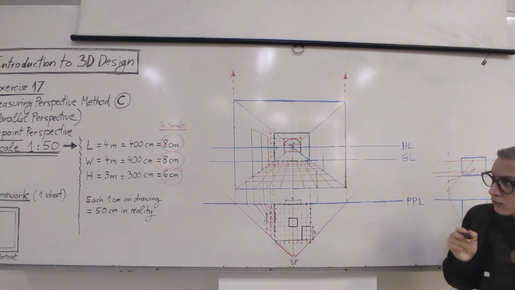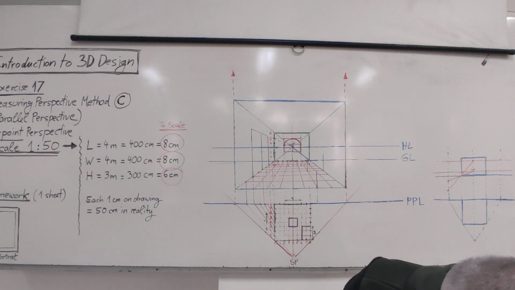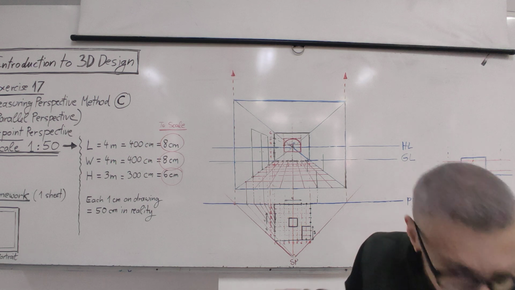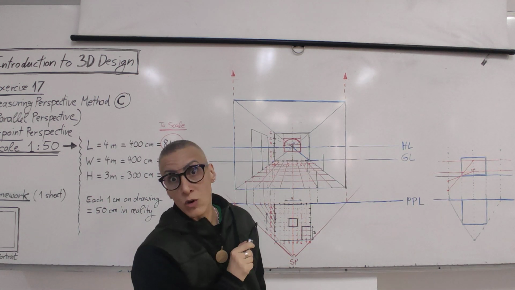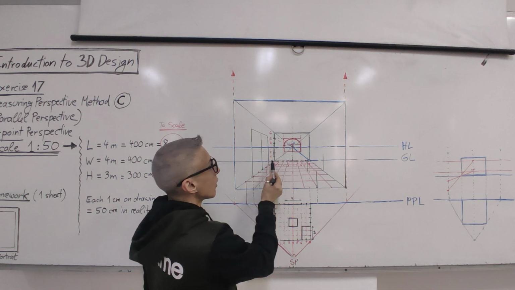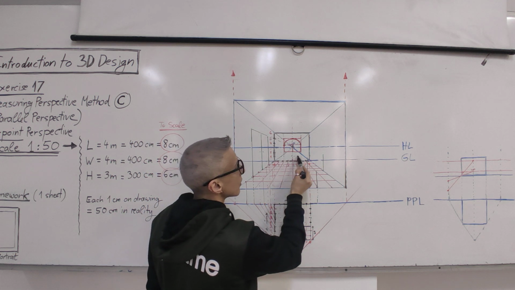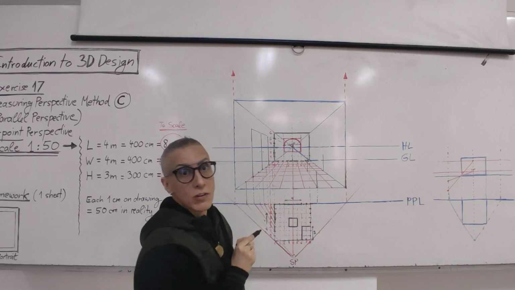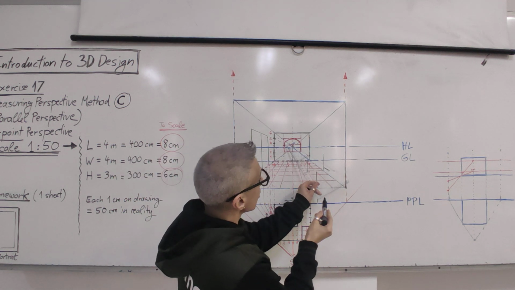Now, the height of this. How much should I put it? 1 centimeter on the drawing. From where will I take 1 centimeter? From the back here. So this is here 1 centimeter. If I need it from this side, you just take it from here. Now, 1 centimeter through the vanishing point.